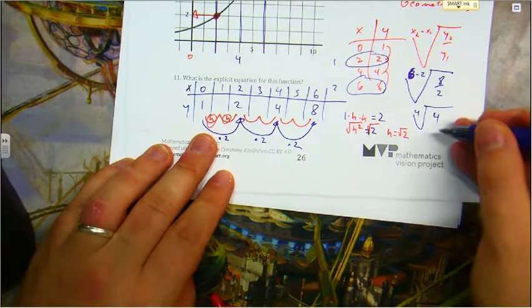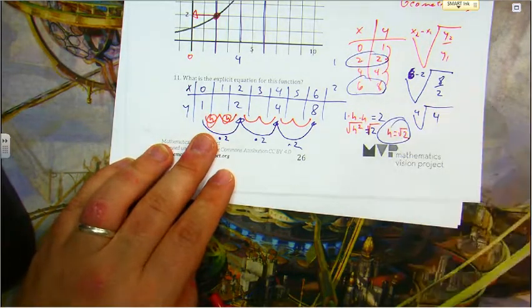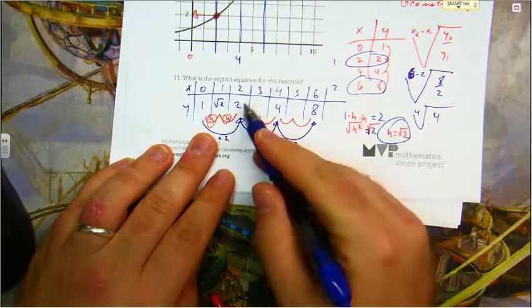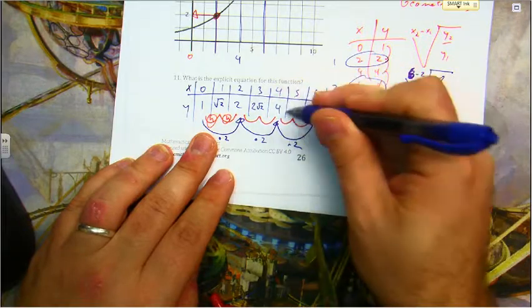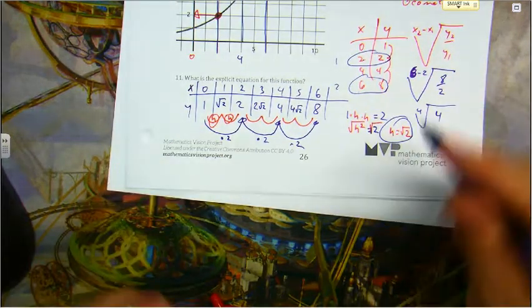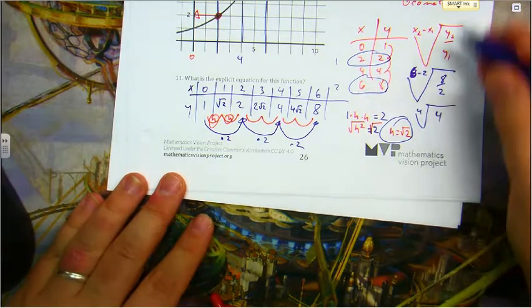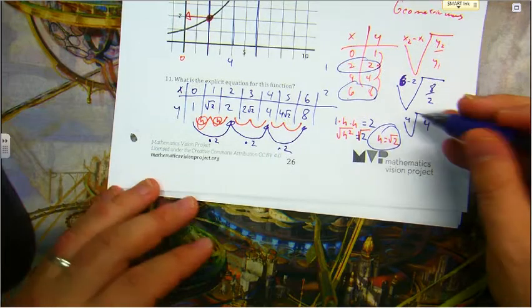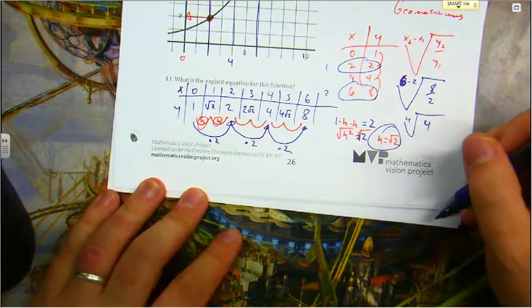So actually my growth factor at every step is the square root of 2, because it's going to be square root of 2, 2. This is going to be 2 root 2, 4. 4 root 2, 8, etc., etc. So I know that my growth factor is the square root of 2.